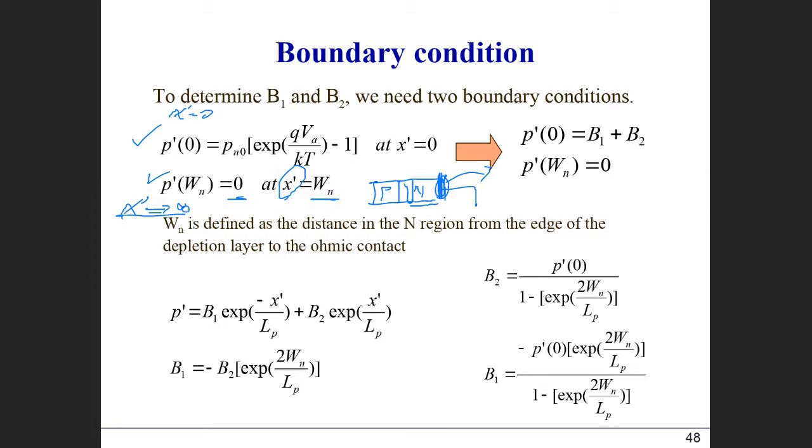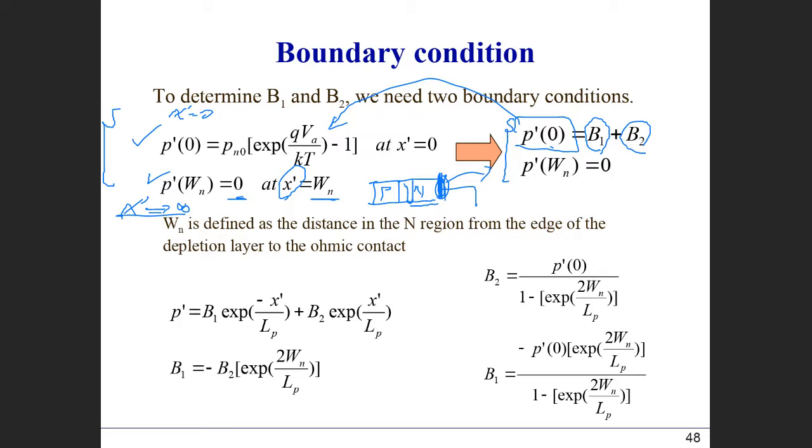So if you apply these two boundary conditions, you have these conditions here. One is at x prime equals 0: in the solution, if you put 0, you will get P1 plus P2 equals this one, which gives this equation.